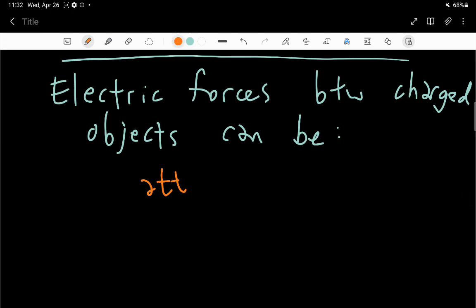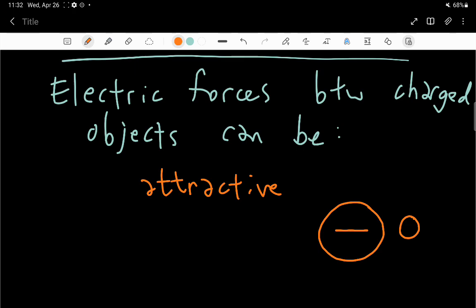Just like gravity. And this would be, for example, what would happen if you had a negatively charged object, right? We could say that this is Q1, charge number 1, and a positively charged object nearby, right? We could say that's called Q2.